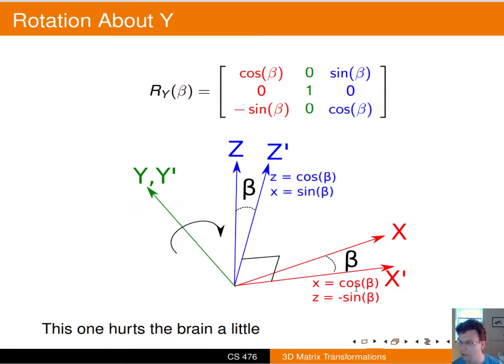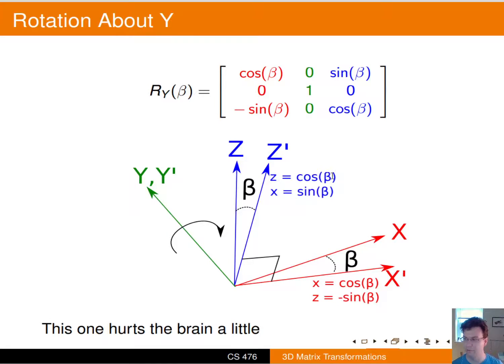And if I line these all up, I see that, okay, x is cosine, z is negative sine, and then of course y remains 0 for the x. And then the z, well, x gets sine, so there we go. y remains 0, z gets cosine. So that's all there is to it.